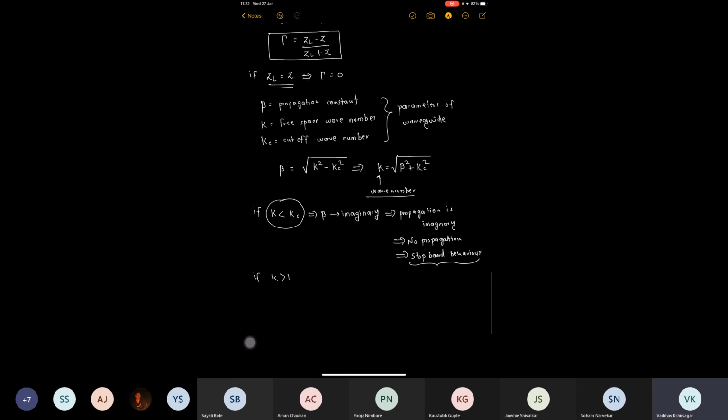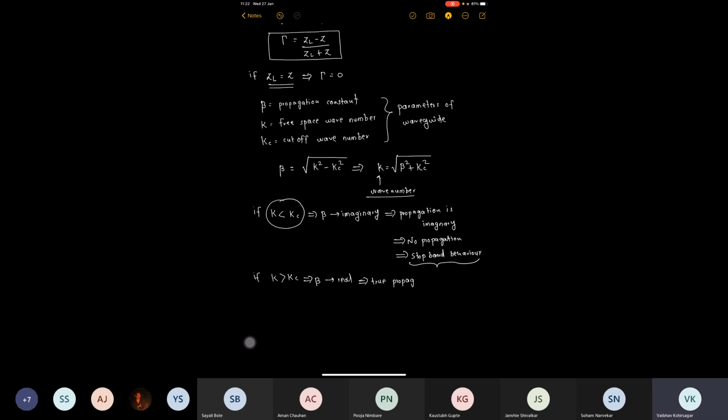Okay. On the other hand, if k is greater than kc, in that particular case, what will happen to the propagation constant beta? Now, in this particular case, the value of beta becomes a real value. So whenever the value of the propagation constant is real, it indicates true propagation of the signal.